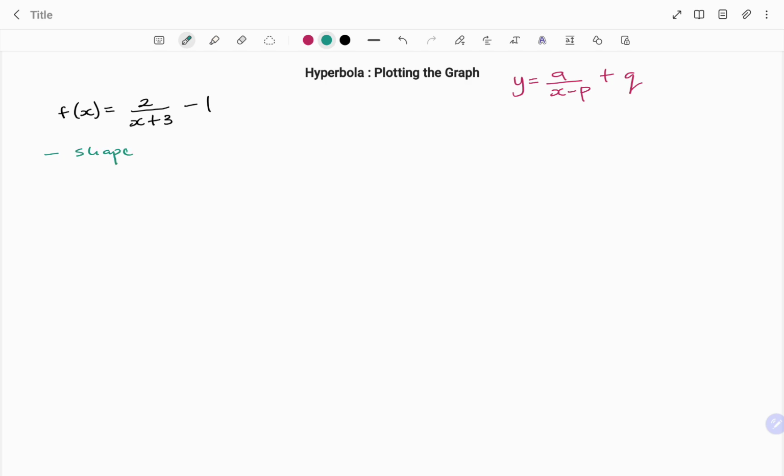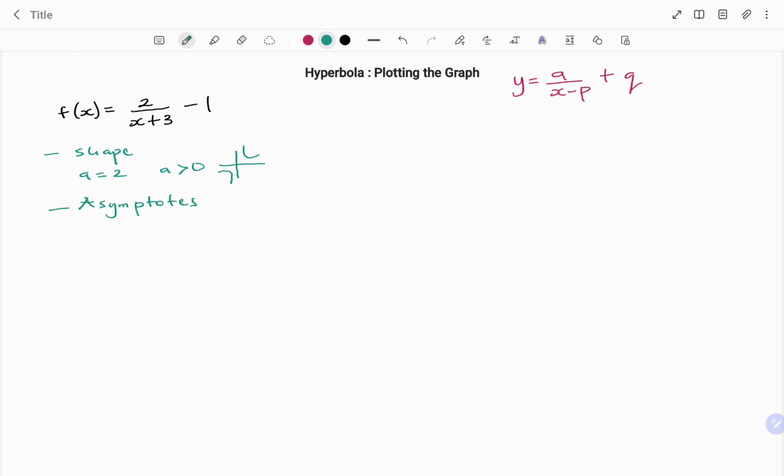And remember, we said the shape of the graph is determined by the value of your a. Your a in this case is 2. We have a equals 2. And note that 2 is positive, so therefore a is greater than 0. What that means is your graph is going to be in the first and the third quadrant.